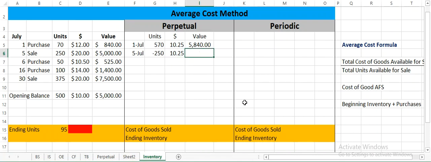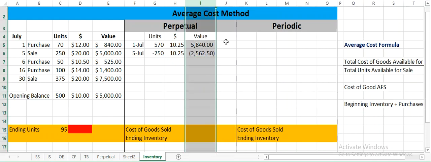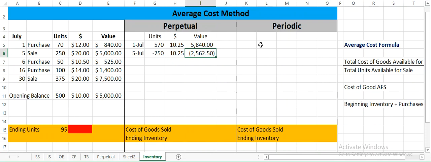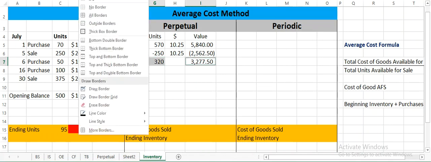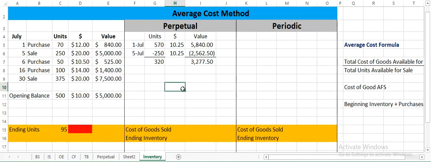And so we can calculate the value of inventory that was sold by taking our units times the dollar value assigned. And this is the value of units sold. As it's perpetual, after each transaction, we should know how many units are available, and we should know the value of those units. And so that's why also I put that in brackets, because it's easier for me to calculate.